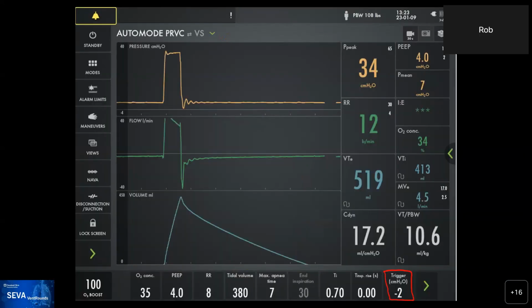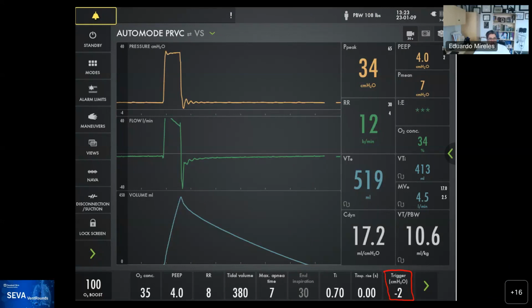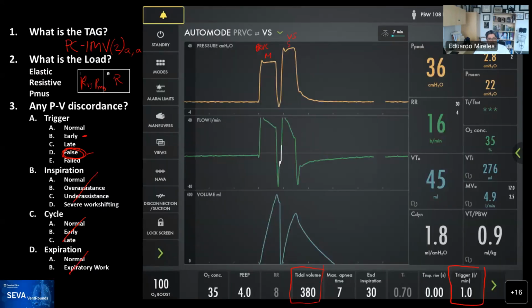So the next breath, you can see that at that point where we were, they were at 519. So I think that the corollary here is that you have to recognize when you see this pattern, you may be inclined to increase sedation or paralysis, but this patient was having no PMOS.